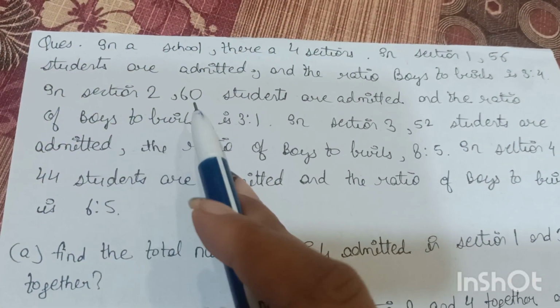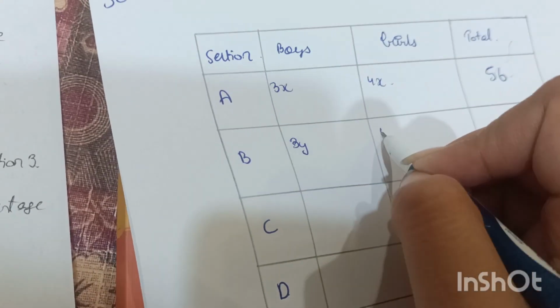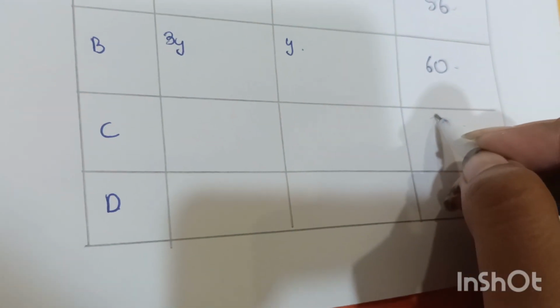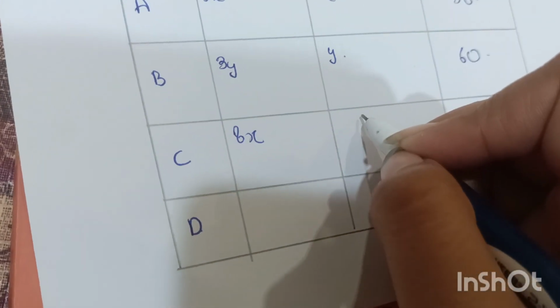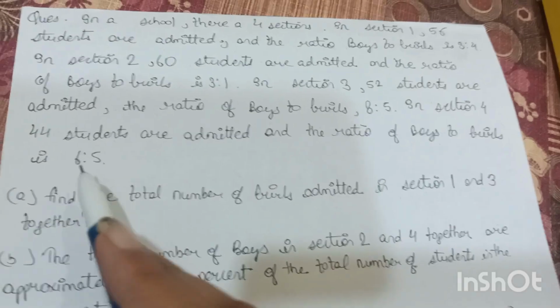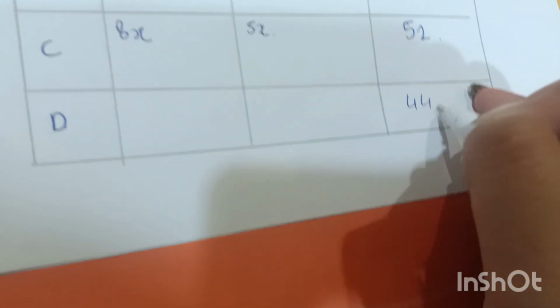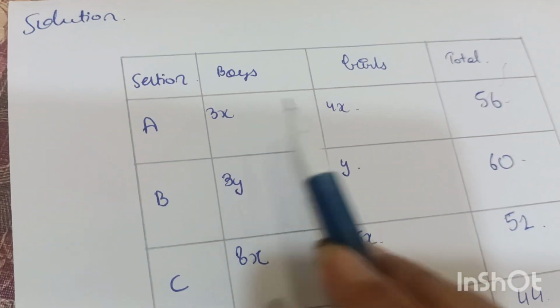Then the total in section 2 is given as 60. Then the ratio is given as 3:1, so 3y and y. In section 3, 52, and the ratio is given as 8:5, so 8x and 5x. Then total students 44 and ratio 6:5, so 6x and 5x.